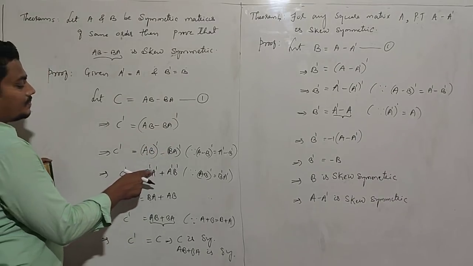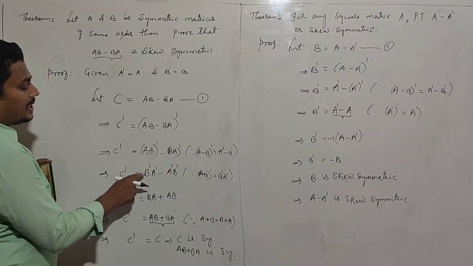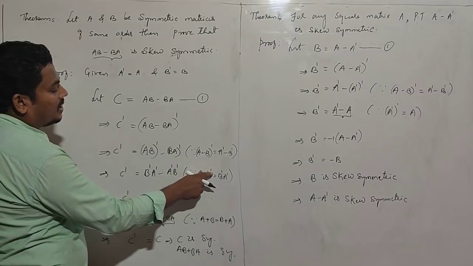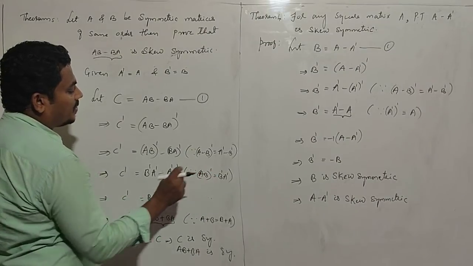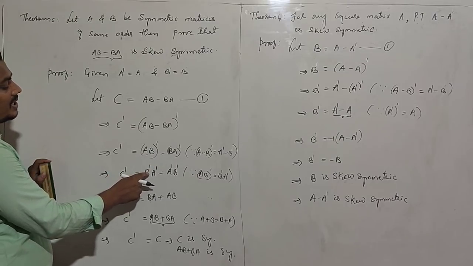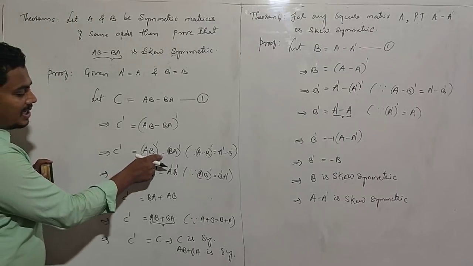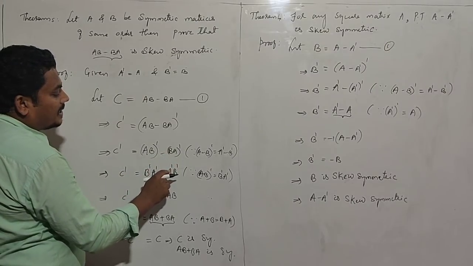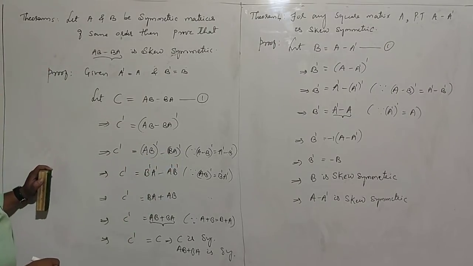After that, here apply the AB whole transpose property. AB whole transpose equal to B transpose into A transpose. Middle negative sign as it is. Then BA transpose can be written as A transpose into B transpose.